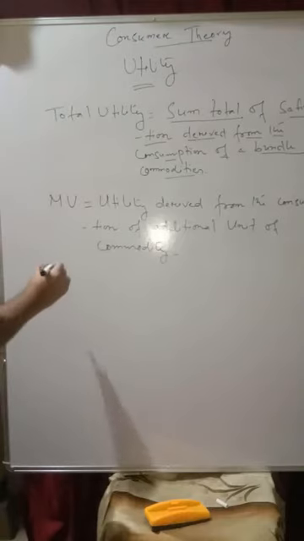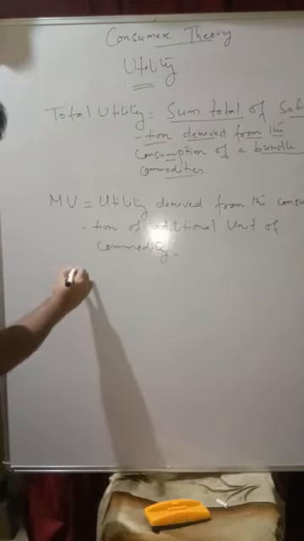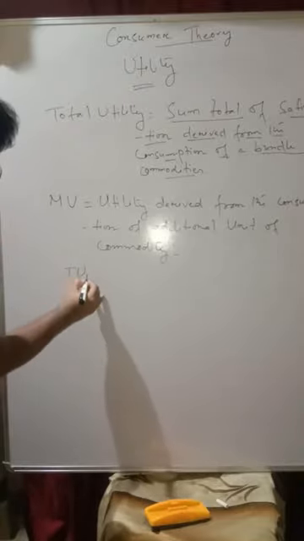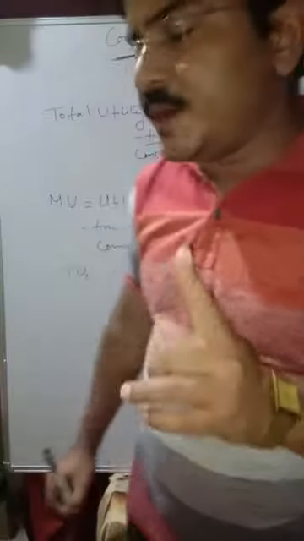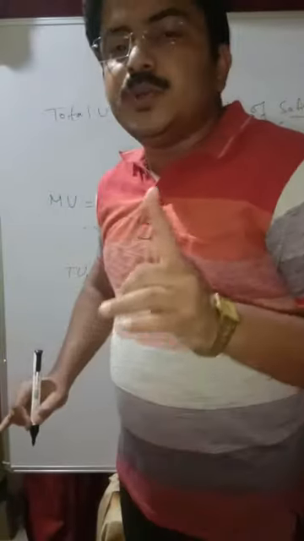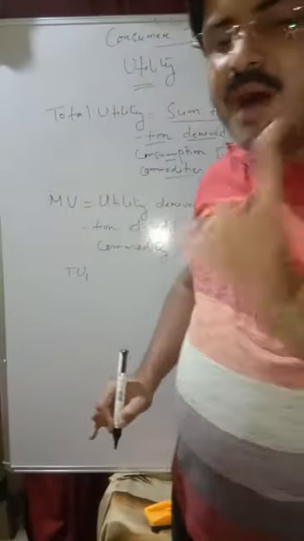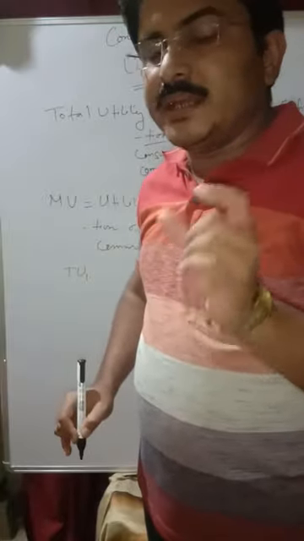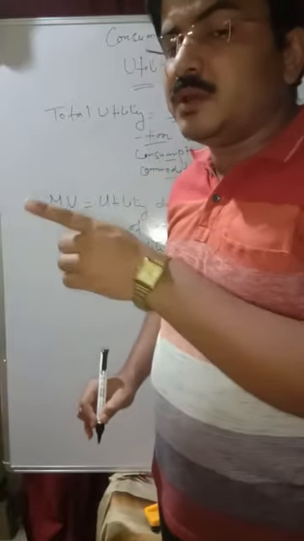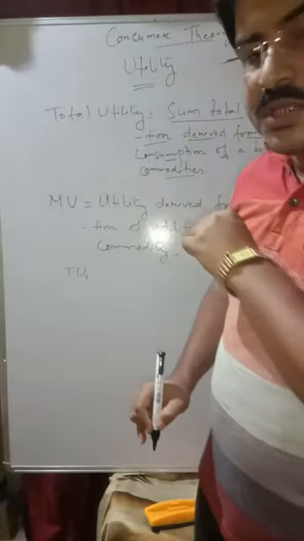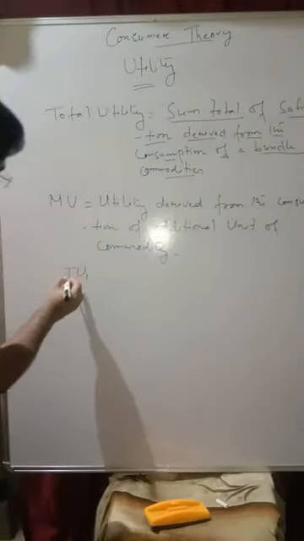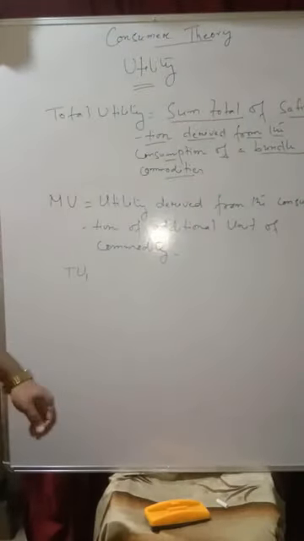Now suppose the total utility that you derive from the first unit of sweet, that is, if you consume the first unit of your rasagulla, here rasagulla is the sweet, and the utility that you derive from the consumption of the first unit of rasagulla or sweet is given by TU1.